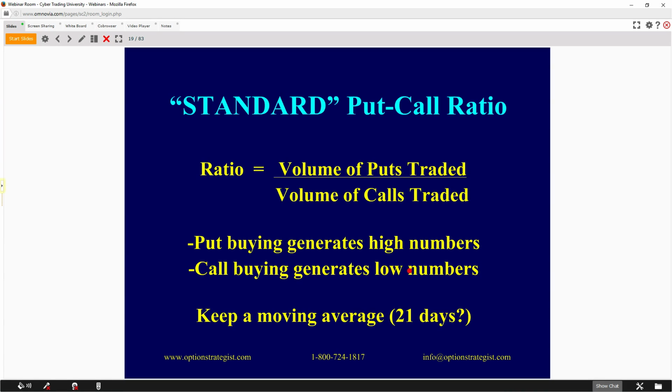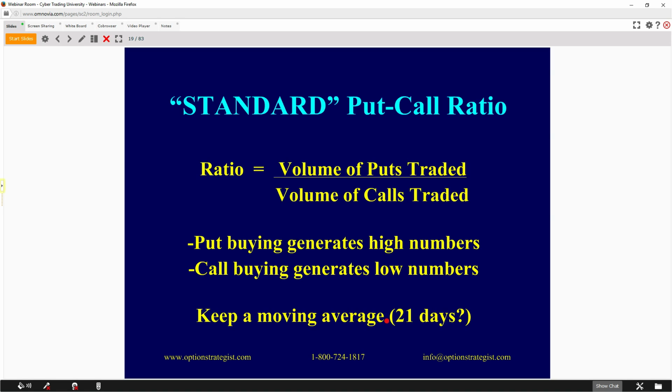So it tends to move the opposite direction from the underlying, because when the underlying is rising, that's when you get call buying, of course, and so the ratio would fall. I don't know why Marty didn't do the call-put ratio instead of the put-call, but he didn't, and it's pretty much stuck this way ever since.